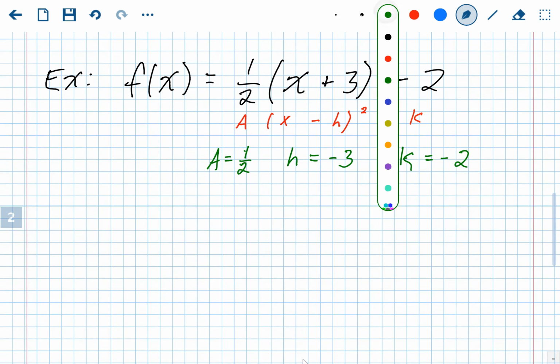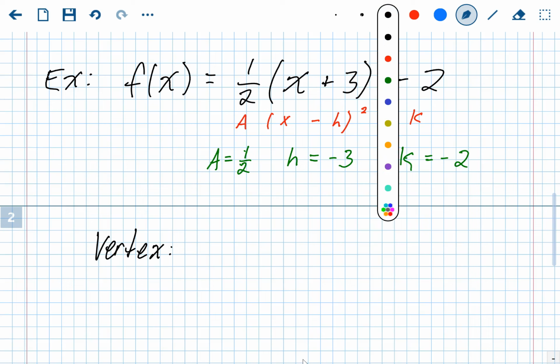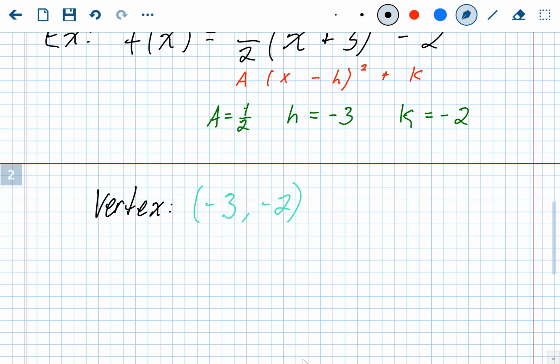All right, so where's the vertex? The vertex is h comma k. H is negative 3, k is negative 2, so our vertex is negative 3, negative 2. Okay, what's the axis of symmetry?